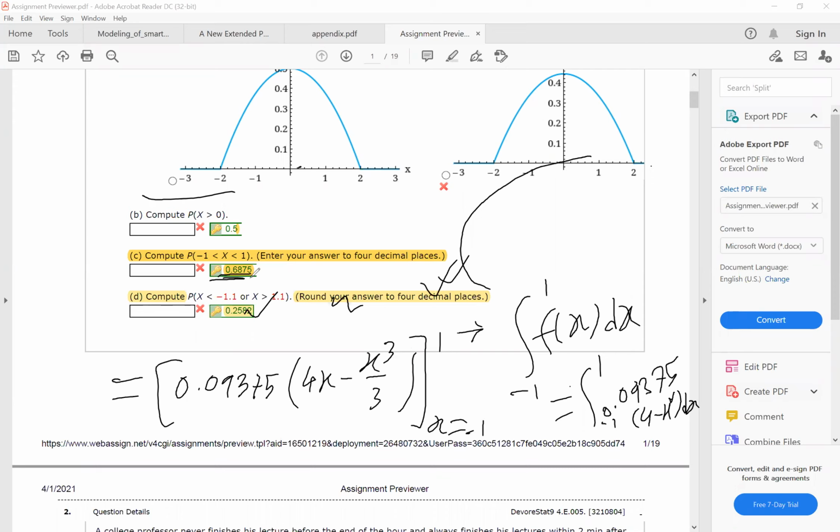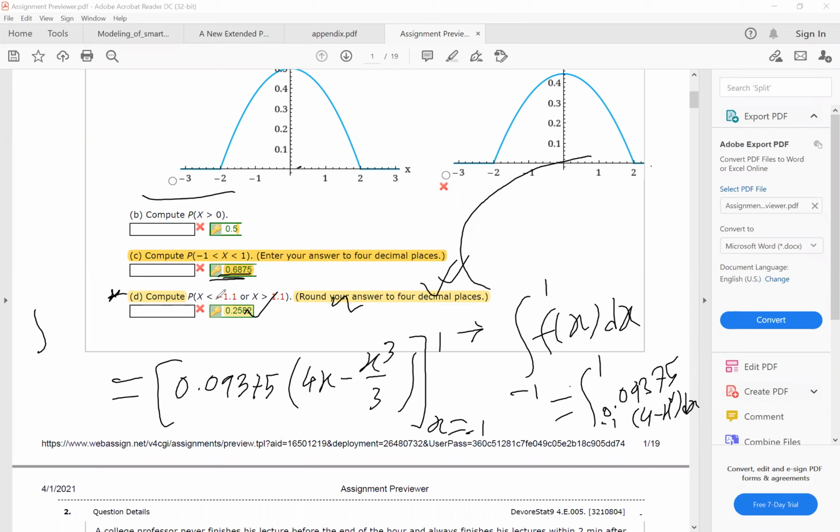Similarly for part D, the probability of x less than -1.1 or x greater than 1.1. In this case, because of the "or", you have to add the two probabilities.